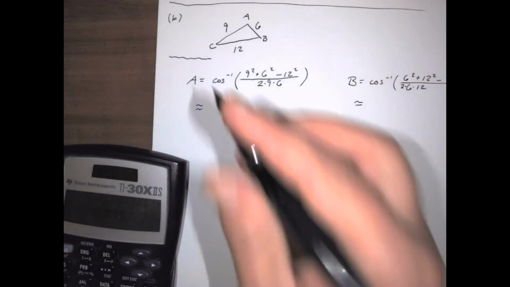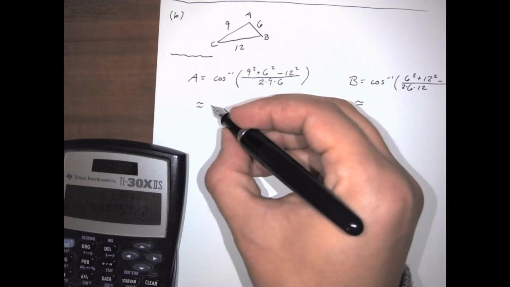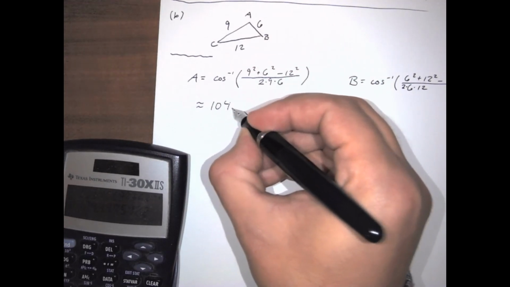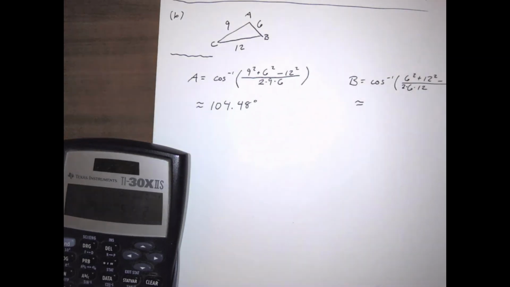And that equals 104.47. Does that make sense? In the context of this, yep, looks good to me. 104.477, so really 104.48, I'll round it to 2 decimals.